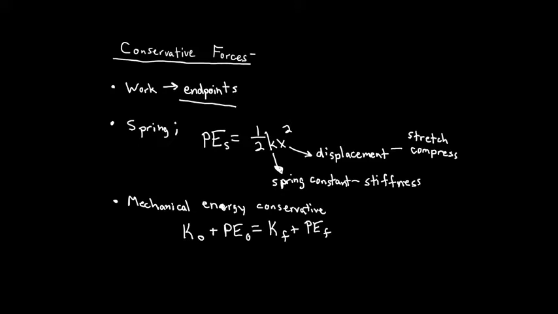We can now remember the potential energies we could have: potential energy due to gravity, or potential energy due to a spring. So far, these are the two types of potential energy that we know about.